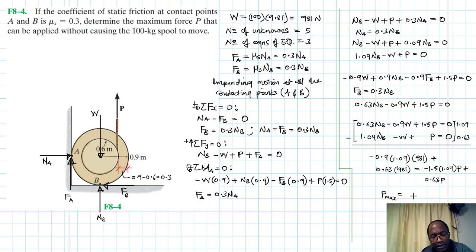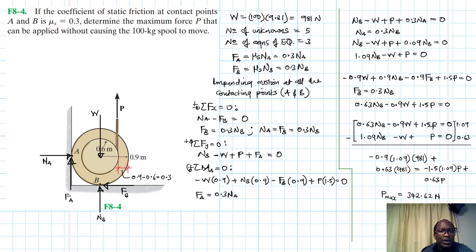Alright, so our P max is equal to 342.62 newtons. Let me repeat this: minus 0.9 by 1.09 by 981 plus 0.63 by 981, divided by minus 1.5 by 1.09 plus 0.63, so 342.62.